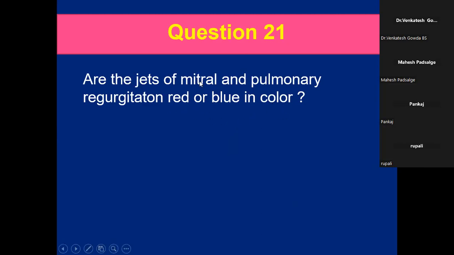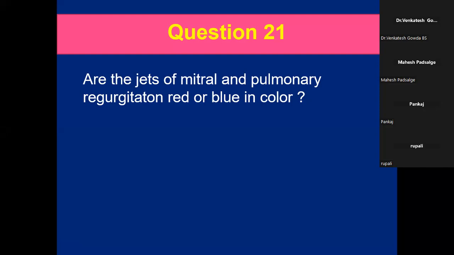Let's take mitral first. Mitral will be red color. Anuj, your mic is not good. Can you speak slowly and clearly? The jet of the mitral regurgitation will be red in color.